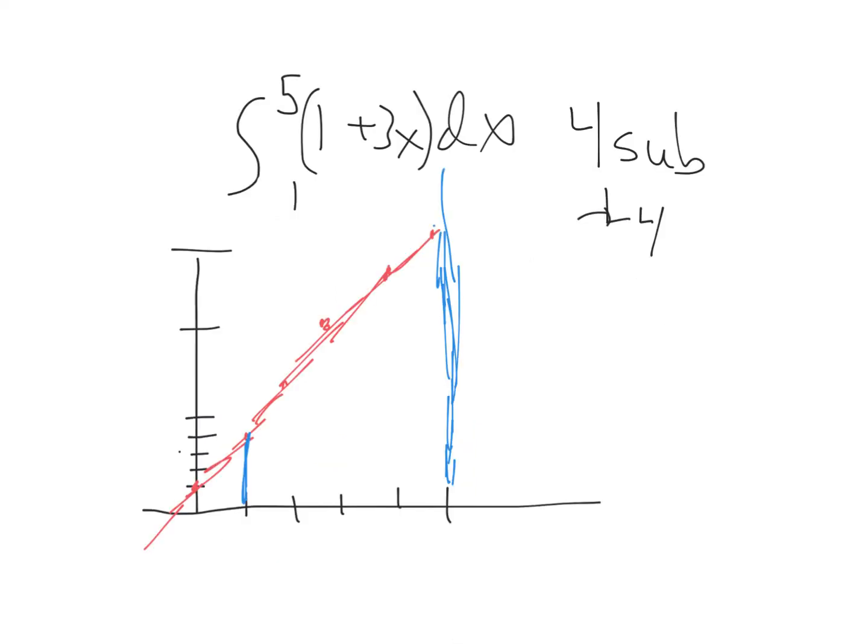So if we're doing an LRAM, what are we going to do? We're going to come from the left end, come down, left end, come down, left end, come down, and the left end, come down.